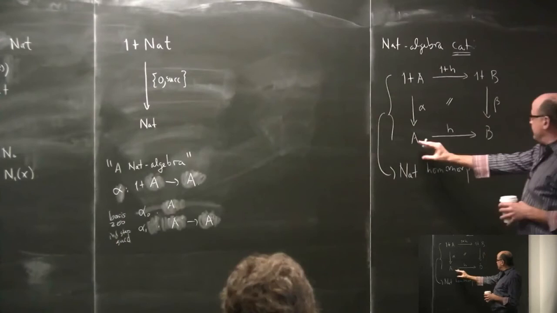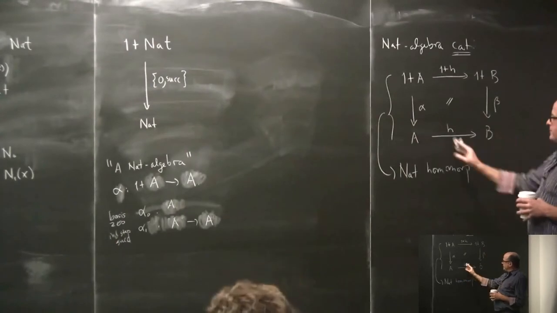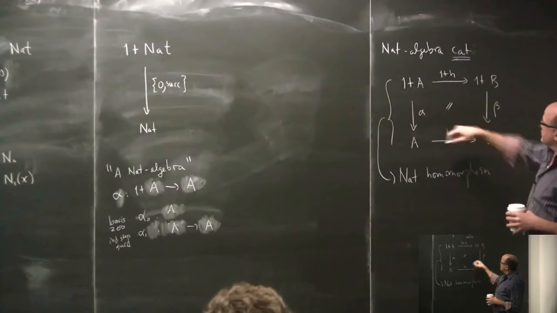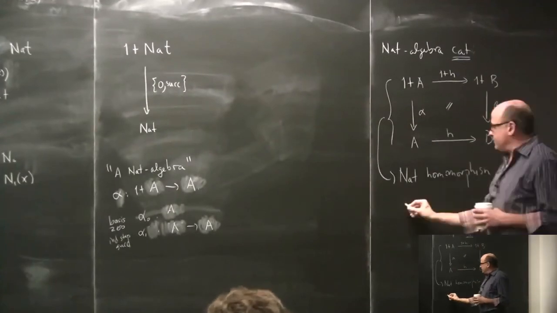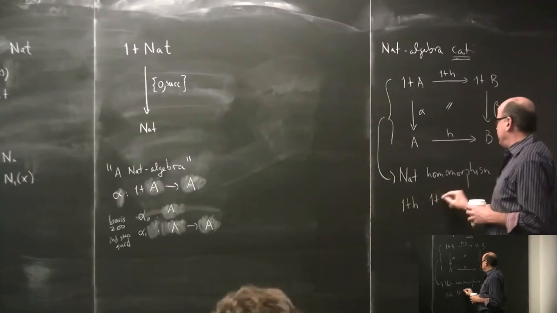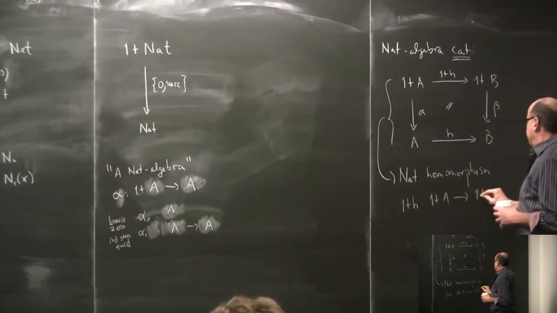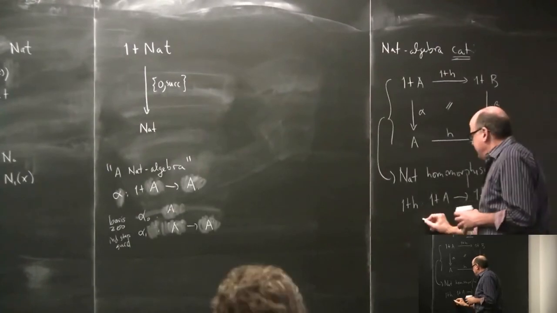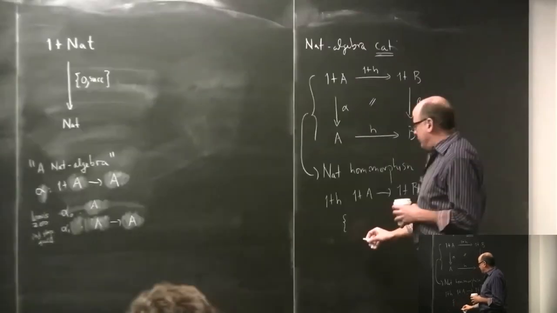So a nat homomorphism is a map H from A to B between these two nat algebras such that this diagram commutes. And let's remind ourselves, what is 1 plus H? So 1 plus H goes from 1 plus A to 1 plus B. And what map is it? Well, what it does is it case analyzes its input.